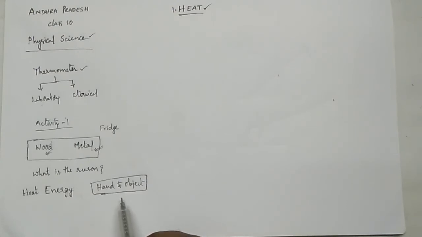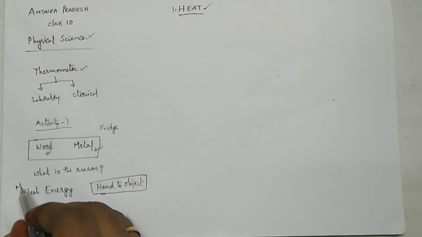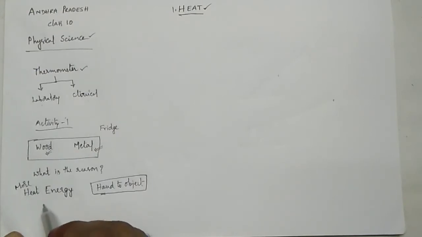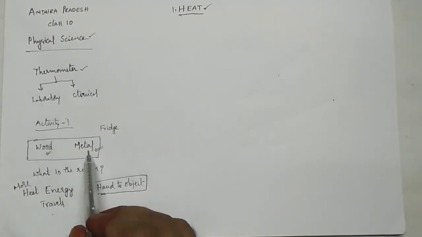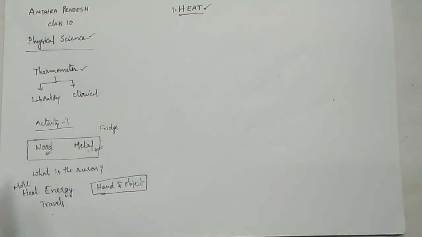So if you feel the metal is colder than the wooden piece, it means that more heat energy is traveling from your hand to the metal piece than to the wooden piece.